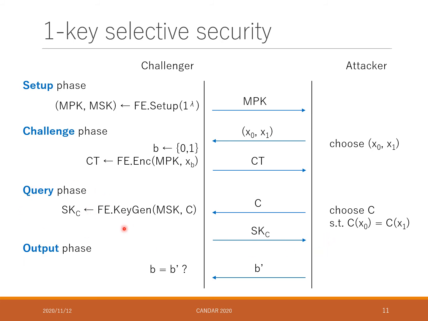This query phase can be done at most one time, and this is the single key security. Finally, the attacker outputs a bit b', and if b equals b', the attacker wins this game.